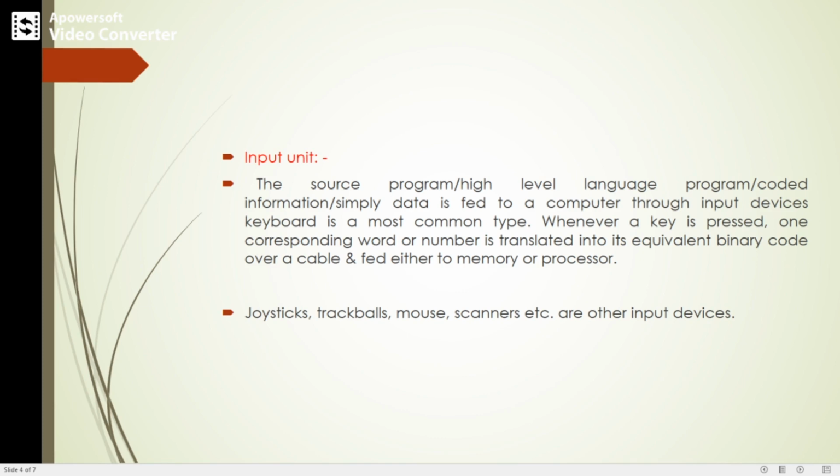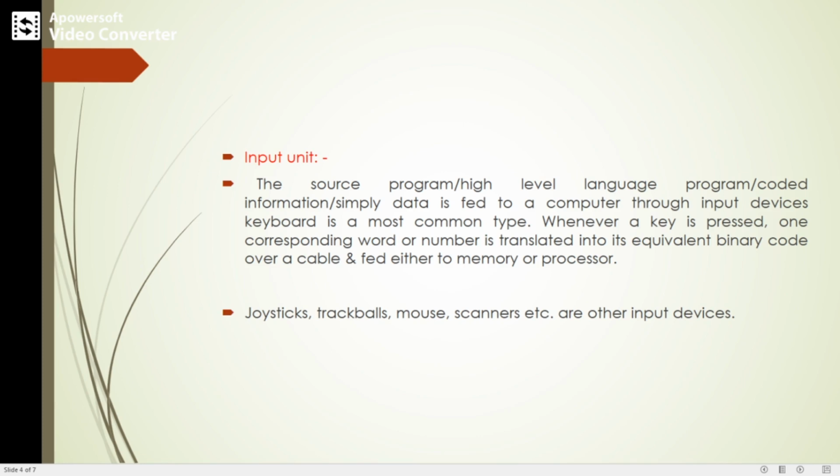Whenever a key is pressed on the keyboard, the corresponding ASCII character will be generated, the value will be converted into binary code and transferred over a cable and fed either to the memory or to the processor. So whenever a key is pressed, the corresponding binary equivalent value will be transferred into the processor or into the memory.